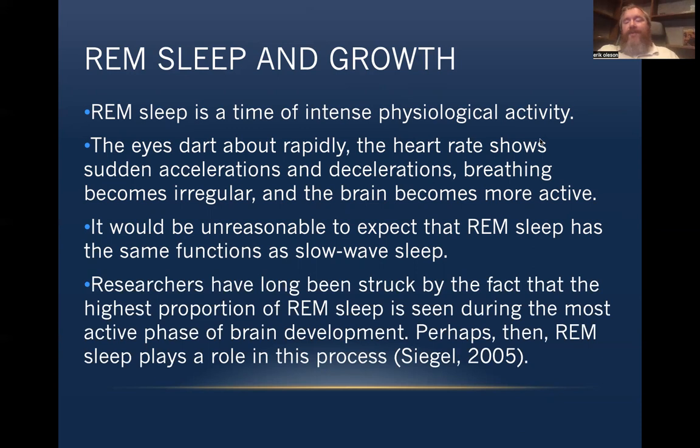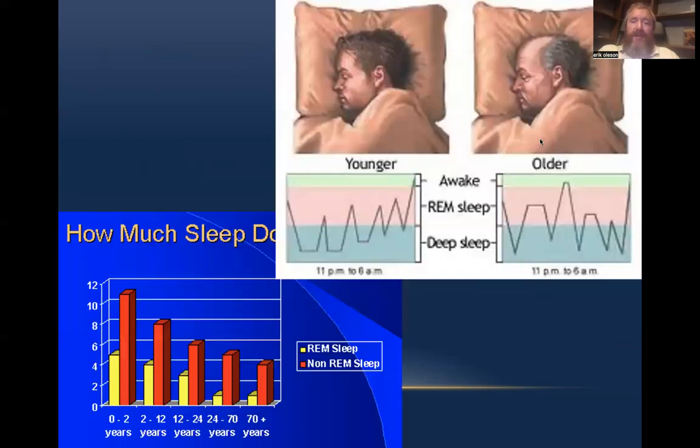Researchers have long been struck by the fact that the highest proportion of REM sleep is seen during the most active phase of brain development. Perhaps then REM sleep plays a role in this process, but a lot of this remains speculative. One thing to keep in mind is that in adulthood, as you grow older, REM sleep and non-REM sleep decrease.